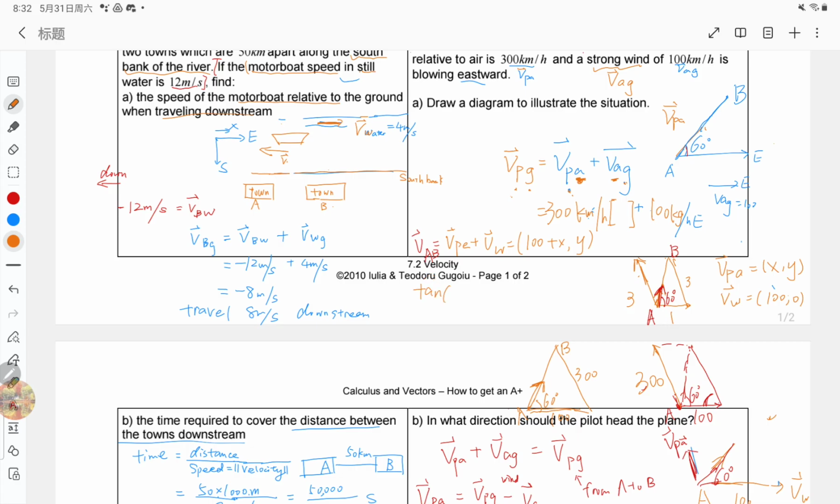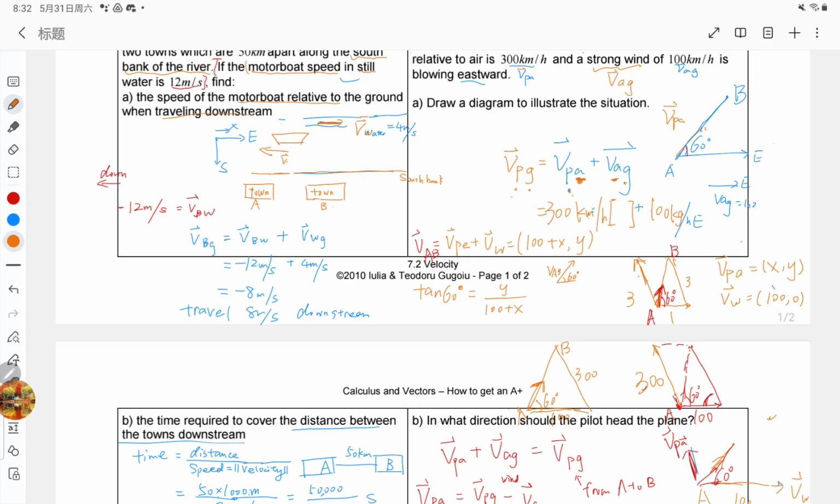Tangent 60 is y over x. Maybe you guys are smarter and can think of something easier to calculate. So VAB, what I mean is here, VAB, and then we know its coordinate, and then this is 60, right? So tangent 60 is y over x, right?